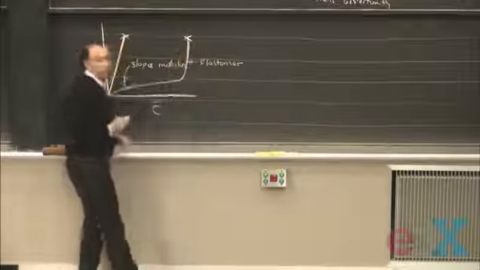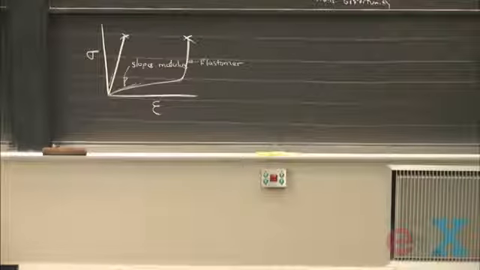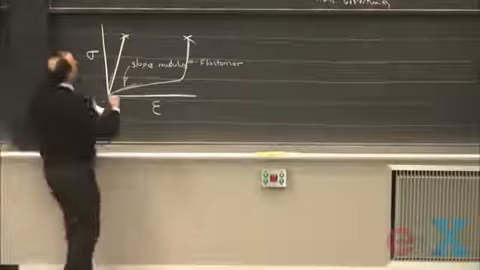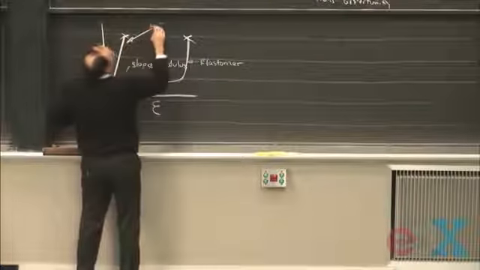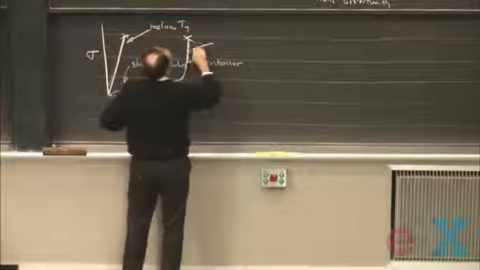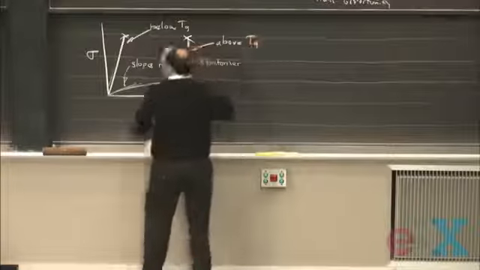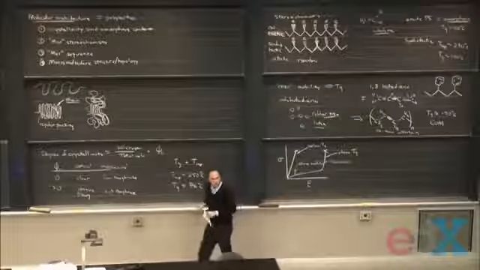And of course, that will fail too, like the rubber band does. Sorry, so what was the first curve that goes straight up? This is below the TG. Thank you, I should have written that. And then this is above the TG. So the properties completely change through the TG.